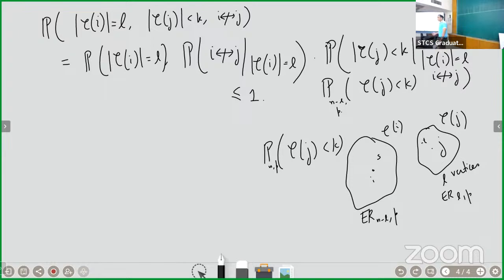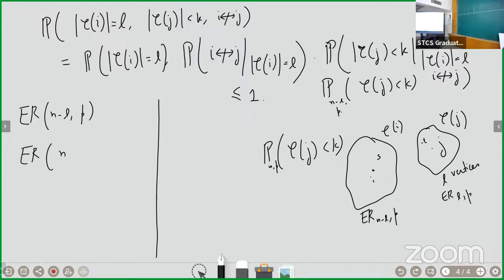Now can you think of the coupling? What is the right coupling? Originally, there are two independent components: one is G(n minus l, p), another is G(n,p).